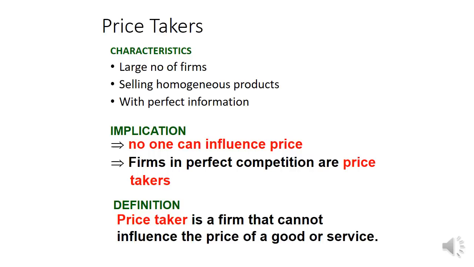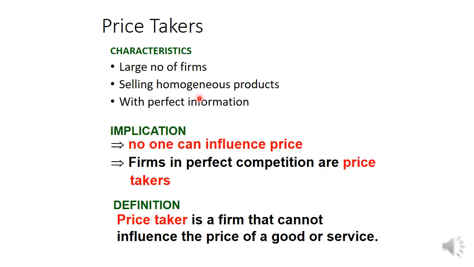Now you can see that some of these characteristics are not realistic in this world. It's very idealistic. There's no such thing as perfect information in this world. But because this is an ideal state, the most ideal is that sellers and buyers know everything in the market. And in this world, there's usually no such thing as a totally homogeneous product.